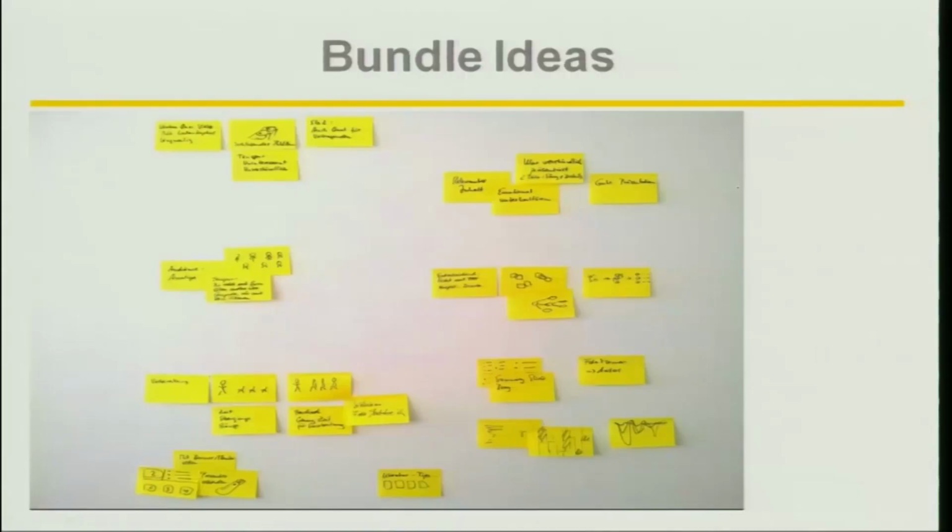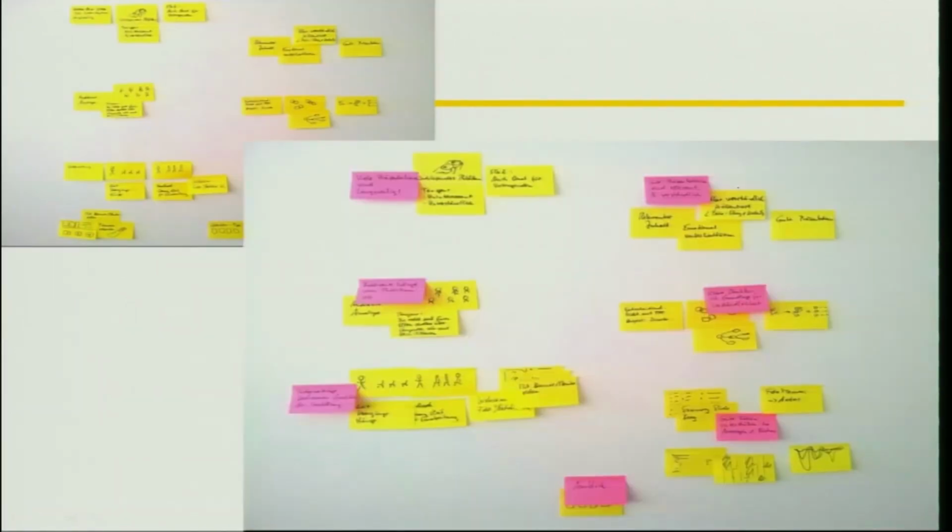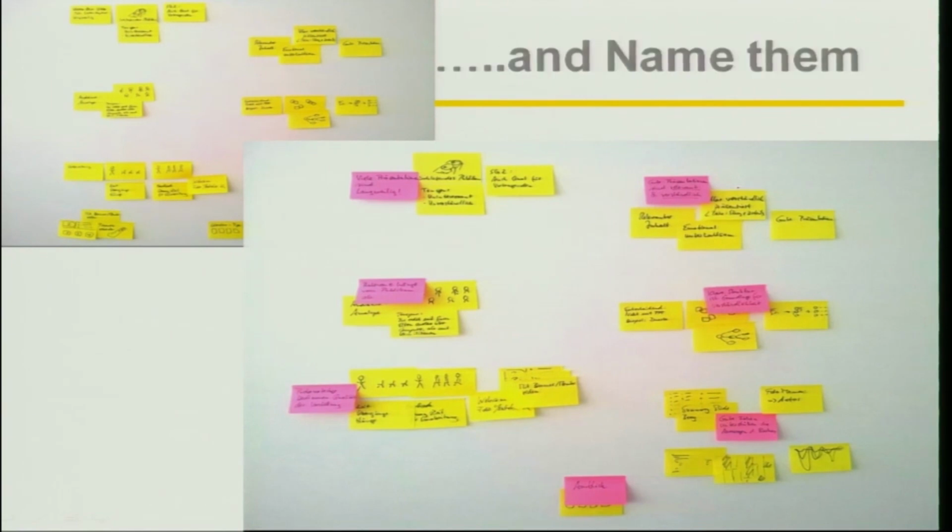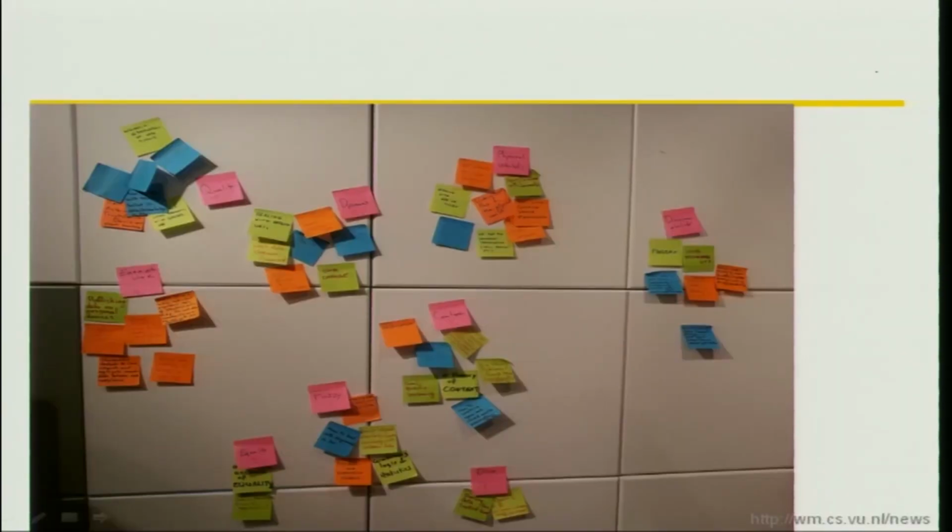So this was trying to first ideate on all of those and then pull them together and make clusters out of those, right? So this is pretty much how it goes, where you've created clusters and then you've named the clusters.